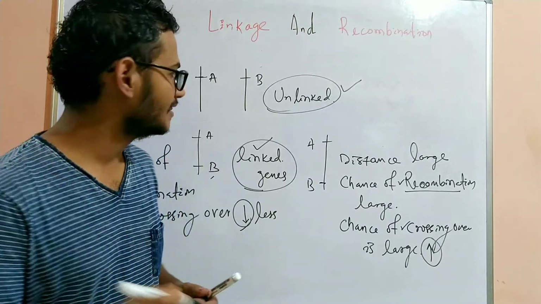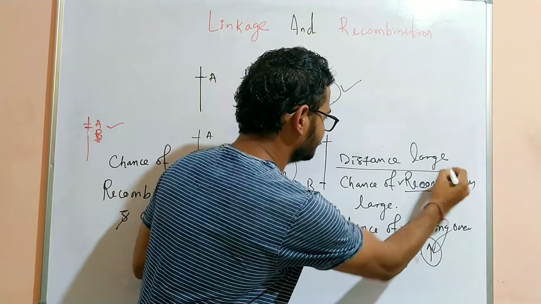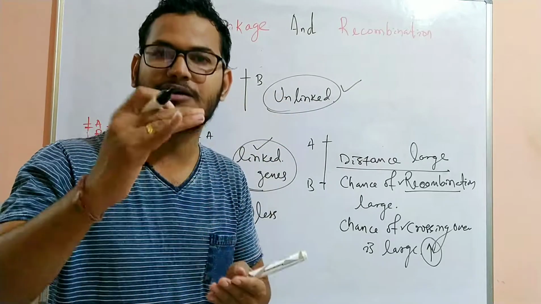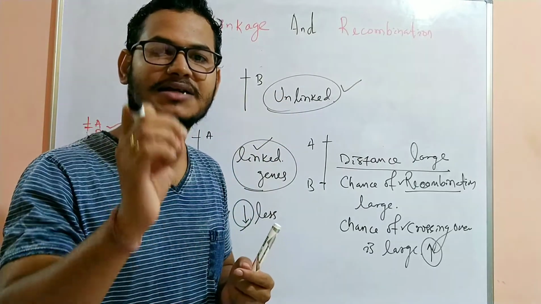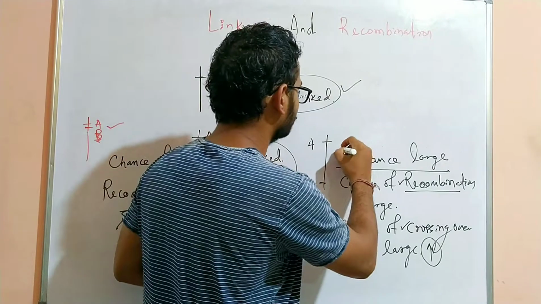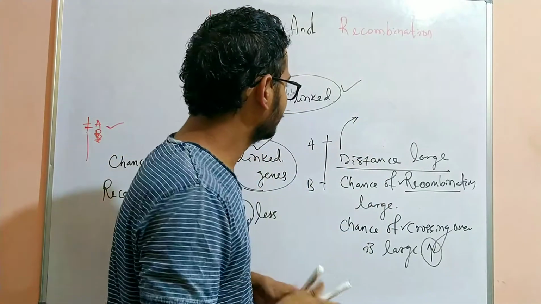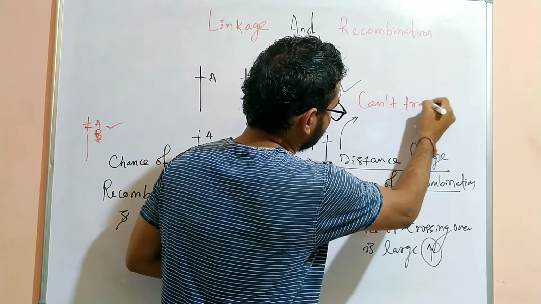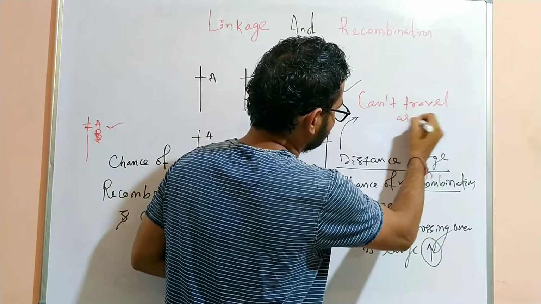So when the distance is large, or the genes are located far away from each other, at that time they cannot travel as a whole.